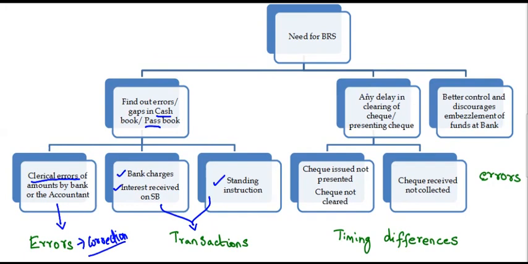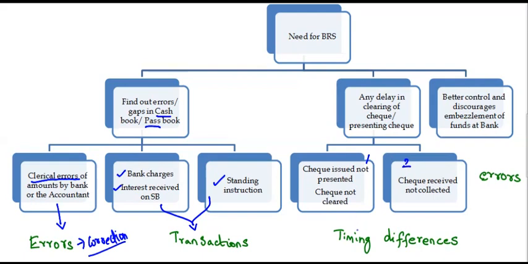Moving on to the second reason, what we saw was any delay in clearing or presenting of the check. So checks which are issued but not presented, or checks which are not cleared, could be one example. Or checks received but we have not yet put into the bank, so the amount is not yet credited into our account.